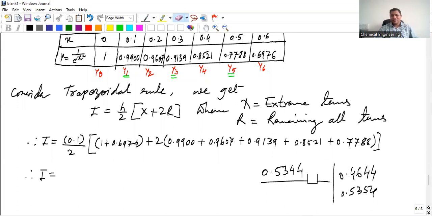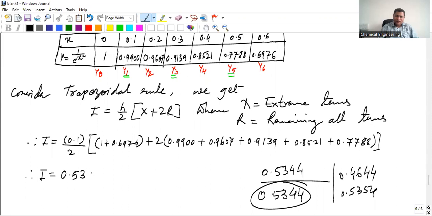Okay, now out of these three values, which is the correct one? Sir, I'm getting 0.534. Okay, so I hope now you are not committing any kind of error.